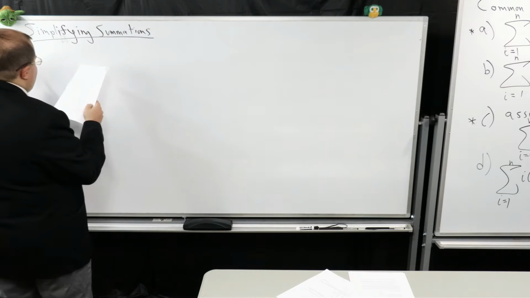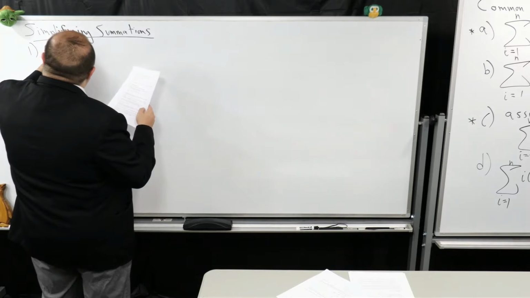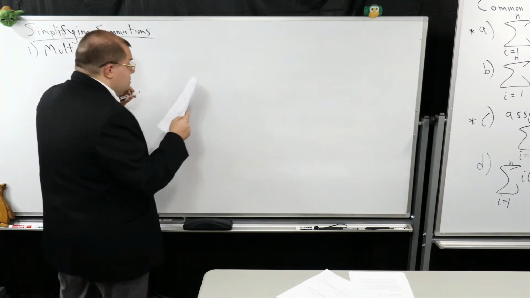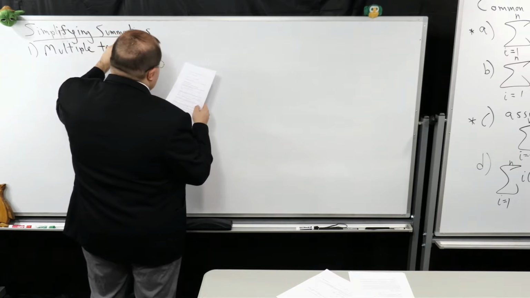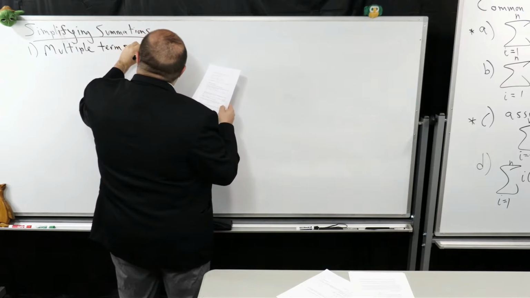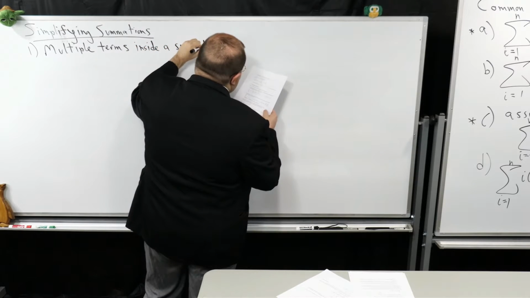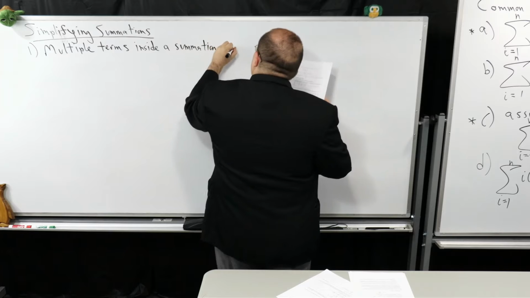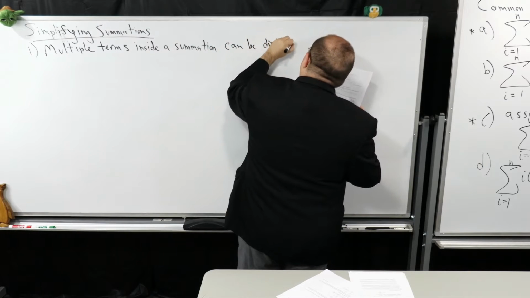So the first one I have, and this one should remind you of the first tip I gave you: multiple terms inside a summation can be distributed. Remember, that's that fancy word.